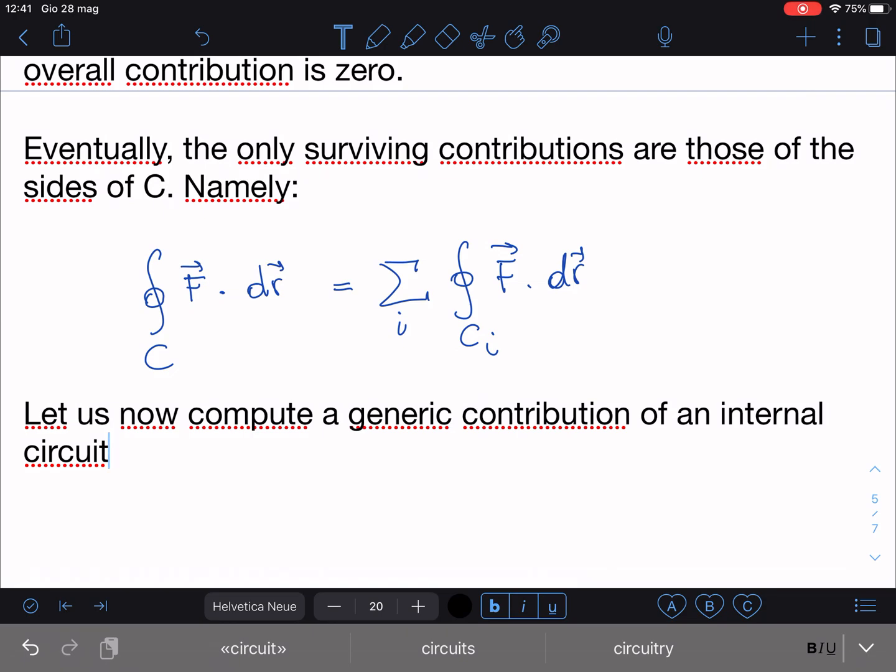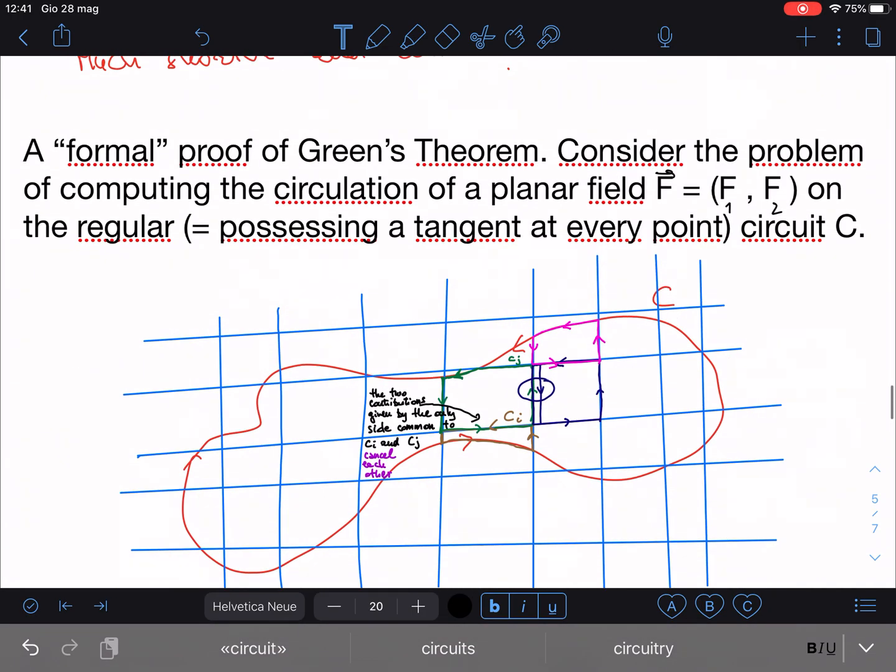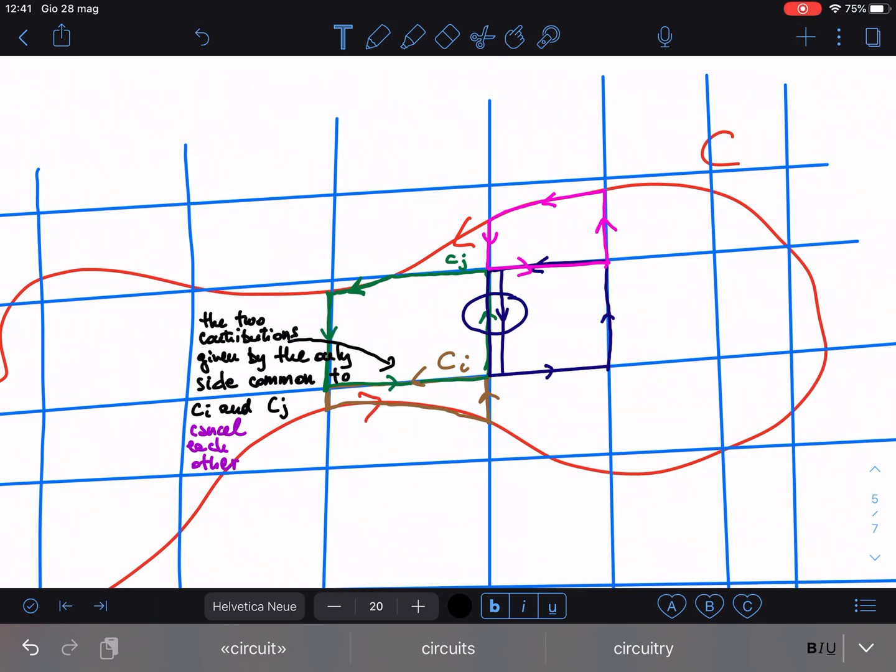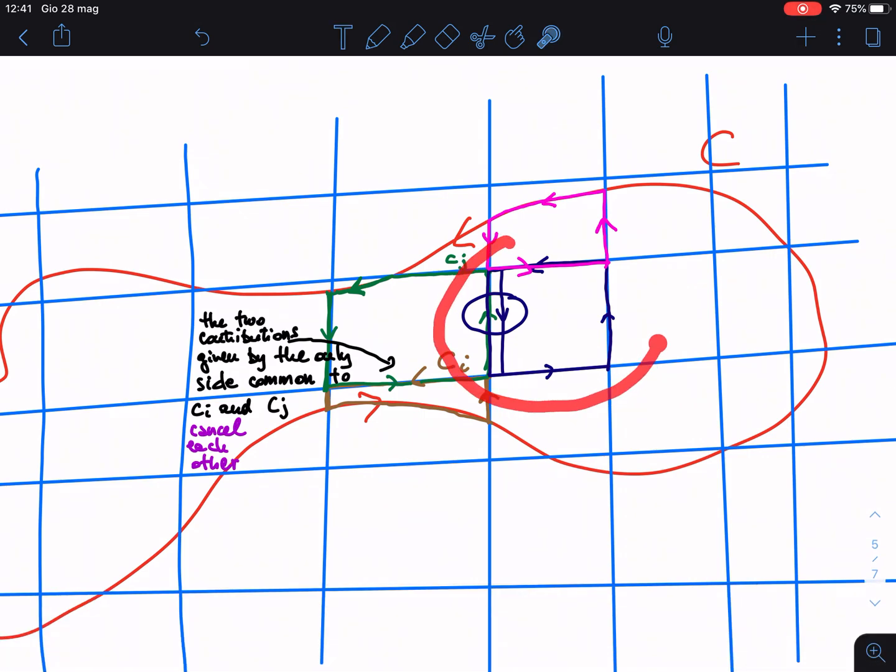Okay, so we have a rectangle. Think, for instance, of this guy here, a rectangle which is totally inside the curve. So here we only have contributions that cancel.